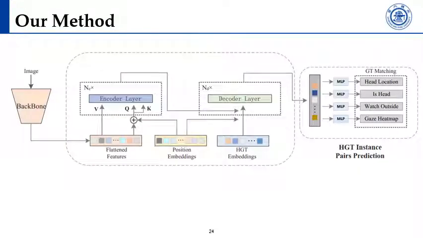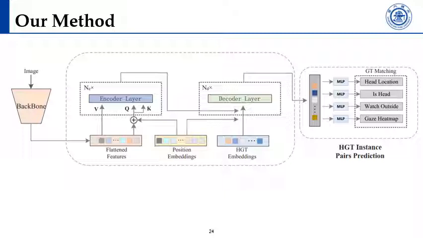Here is our method, which is very similar to DETR. Given an image, we first compute the features by a CNN backbone. Then we feed the features into a transformer as a decoder. We input some HGT queries and match them to ground truth HGTs by the Hungarian algorithm.